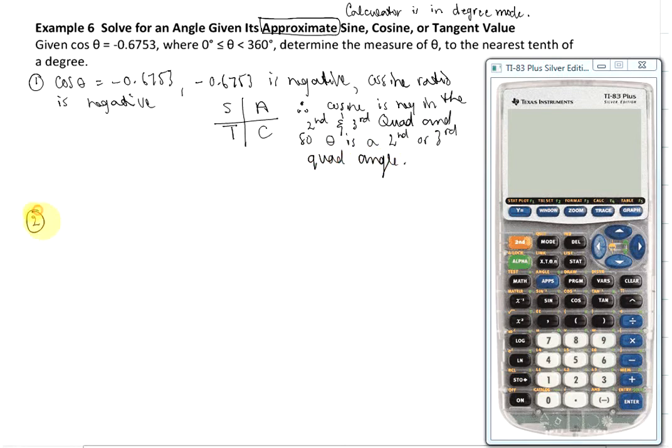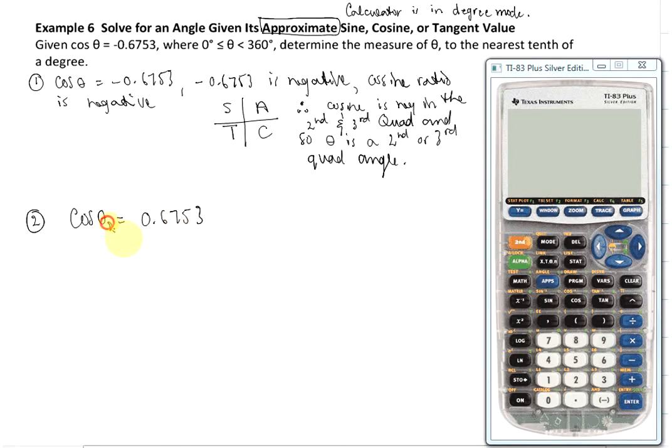Okay, the next thing we want to do is determine our reference angle. And remember, our reference angle needs to be between 0 and 90 degrees, so we are going to rewrite cos of theta as positive 0.6753 because I want to find a first quadrant angle, because that's going to give me my reference angle.